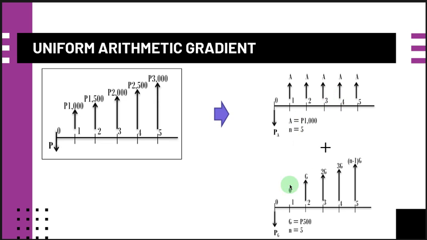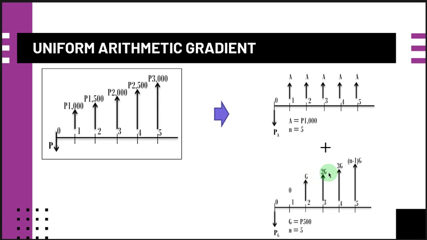That is why our gradient during the first year is simply equal to 0, because this 1,000 pesos is the same amount of annuity in year 1 in this figure, which is still 1,000 pesos. In year 2, we have this gradient J, a single gradient, because the difference between this 1,500 and this 1,000 is simply 500, and our gradient here is equal to 500. So that is why it is just a single gradient.